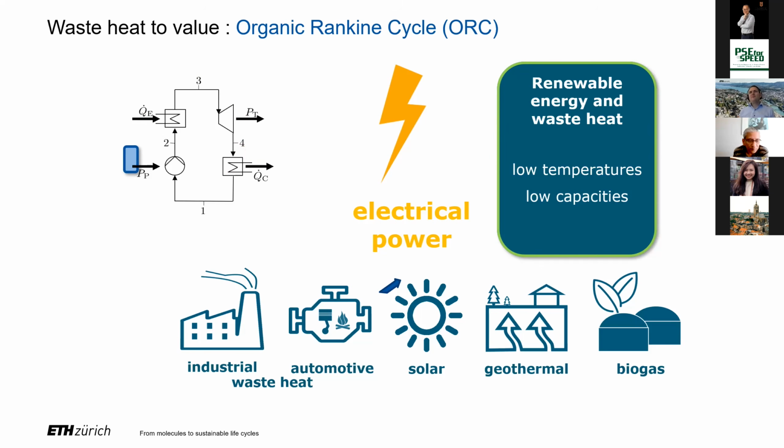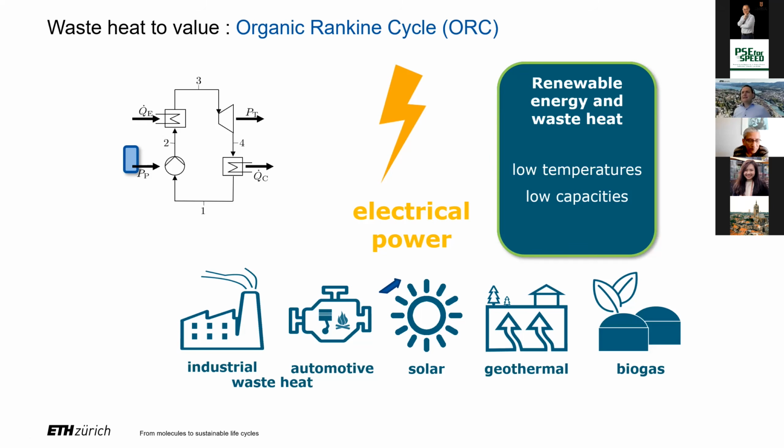So that's the same thing as in a big power plant, but usually these heat sources are available at much lower temperatures. In a usual power plant, we are talking about 600 centigrade. Here, with geothermal or solar, we might even be talking about less than 100 centigrade. And that means that water, which is the usual working fluid in a power plant, is not suitable any more. We need to find another working fluid.